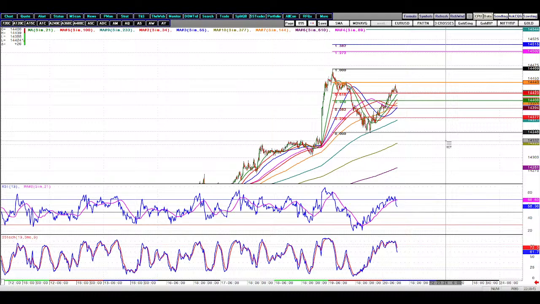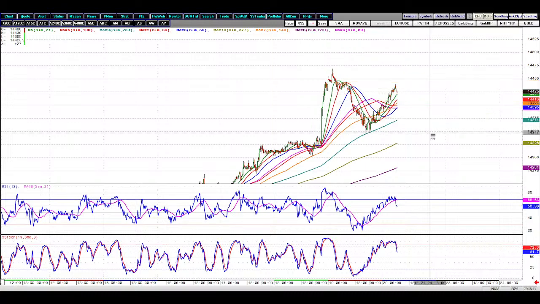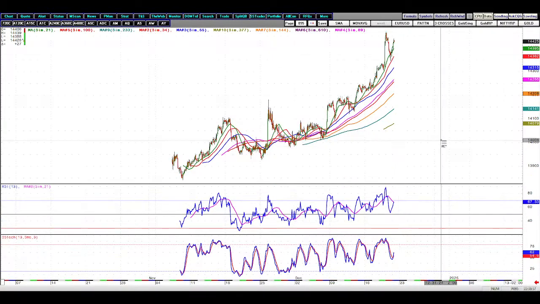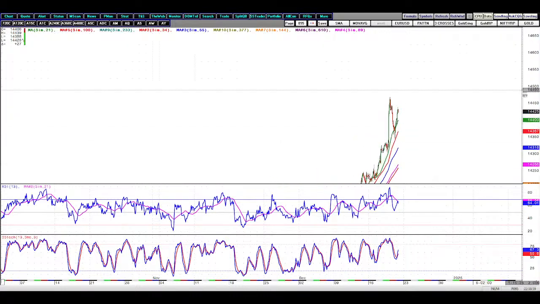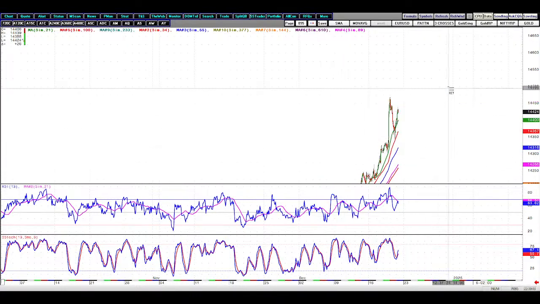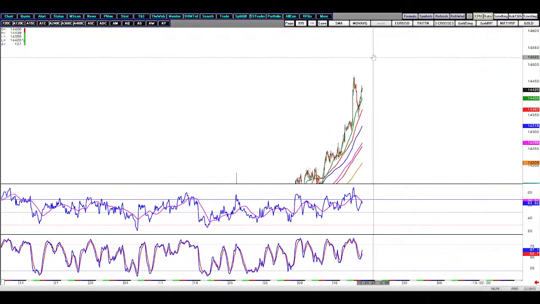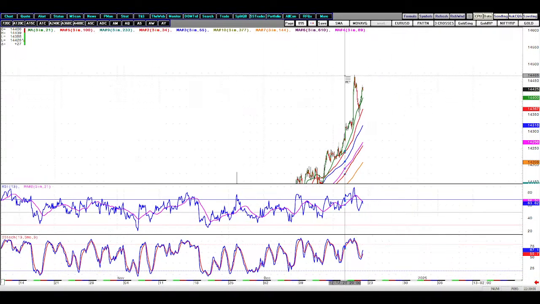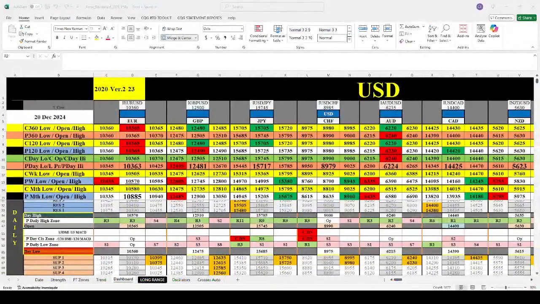This pattern indicates that this might be the top, but let me see. Yeah, there is a high probability that we may have seen the high. Let me double confirm from the system.